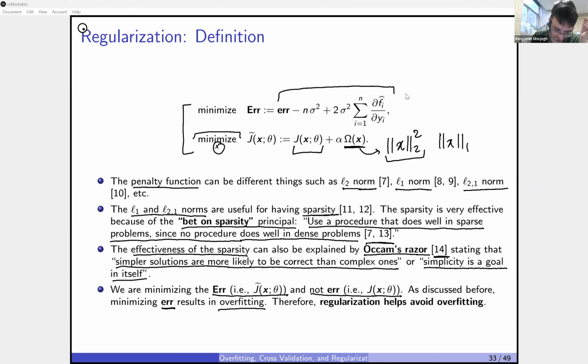That's an important sentence. Think about it. We don't just minimize J. We add a penalty term, and there's a reason for that: we want to avoid overfitting. Therefore, regularization helps avoid overfitting. That's an important thing.